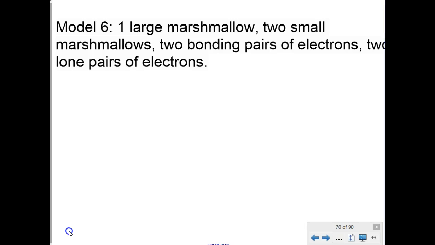How would you describe this shape if you were just to look at these marshmallows? What letter does it remind you of? V. So sometimes this is called a V shape, literally. Other times, depending on the author, you'll see the name angular. Either one is fine.